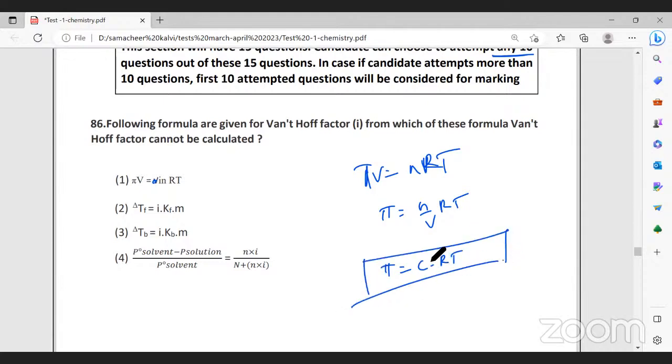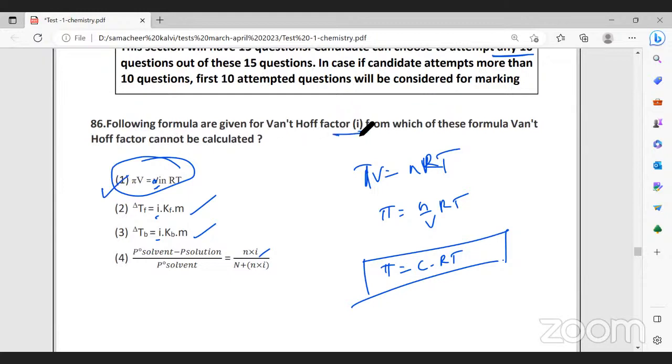Now, from this, the Van't Hoff factor cannot be calculated. So i stands for the Van't Hoff factor. Using this osmotic pressure formula, we cannot calculate the Van't Hoff factor. In all others, we can calculate it. i can be calculated using freezing point, boiling point, Raoult's law, relative lowering of vapour pressure. But in case of osmotic pressure, using this formula, it is not possible for us to calculate the Van't Hoff factor. Hence, the answer is option 1.